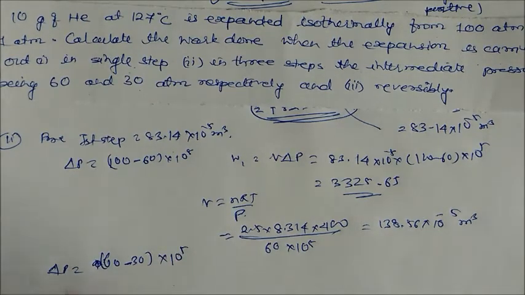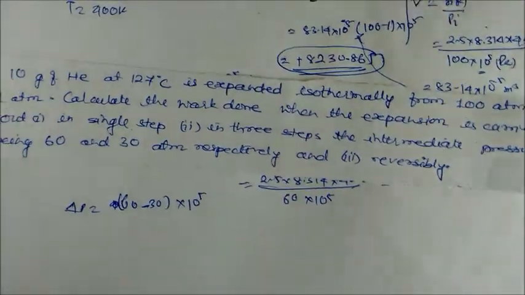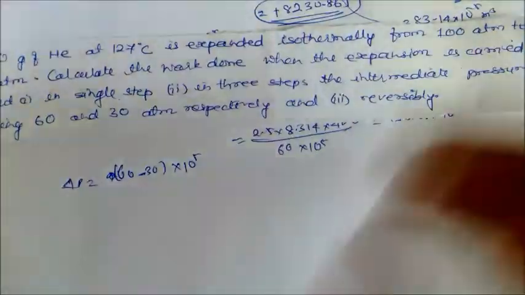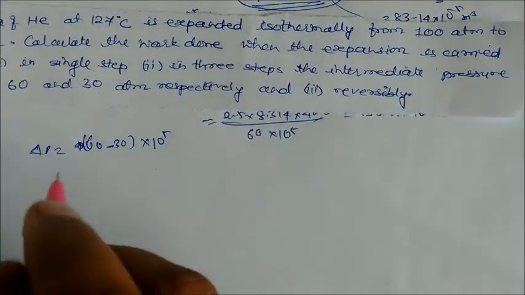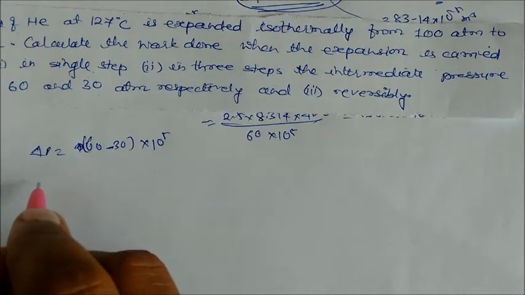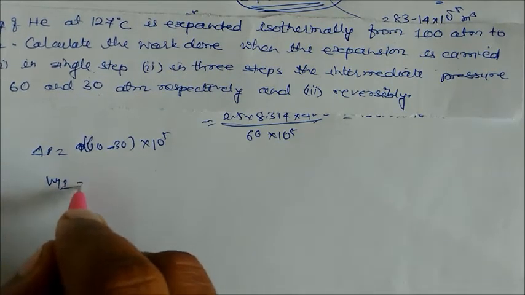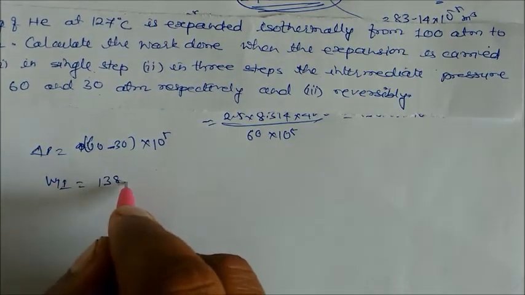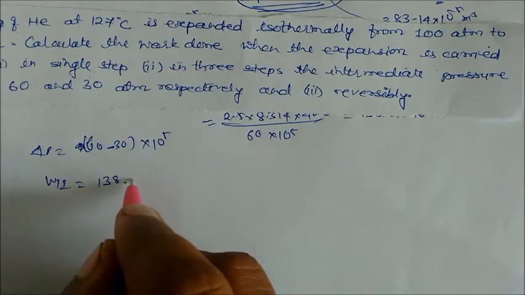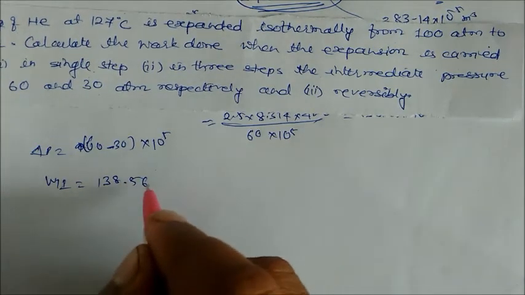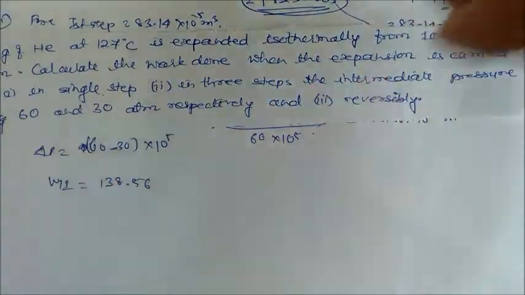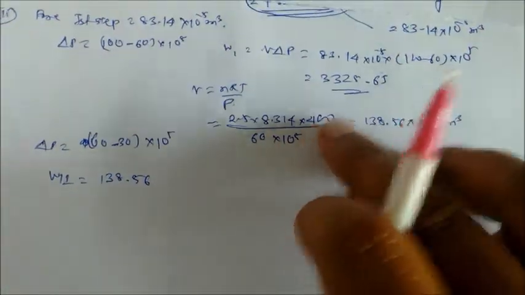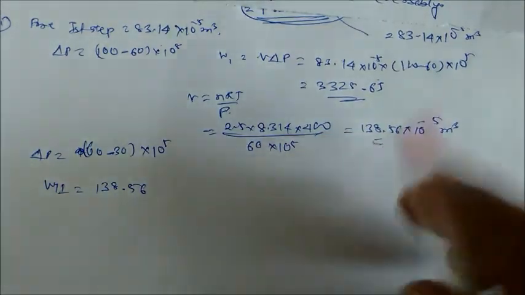In the second case, the work done will use 138.56, the volume we just found. This is the volume of the second case we have just discussed. If you go back, you see 138.56 is the volume we just found out.